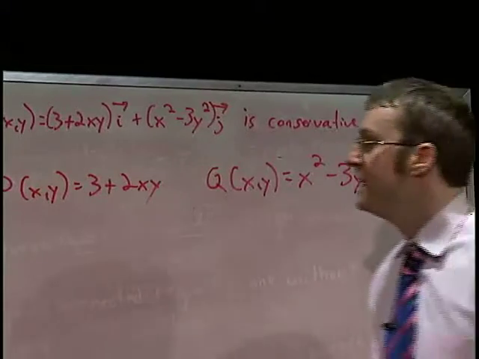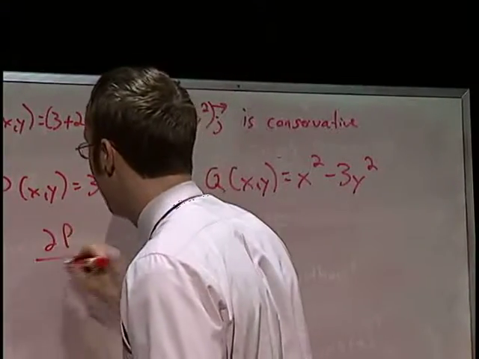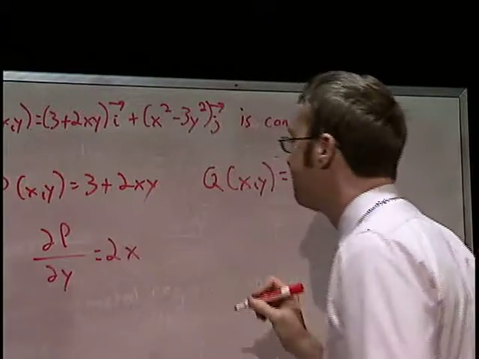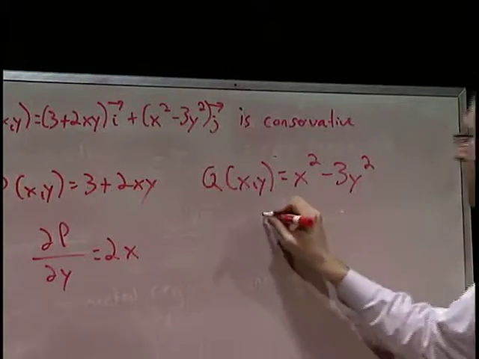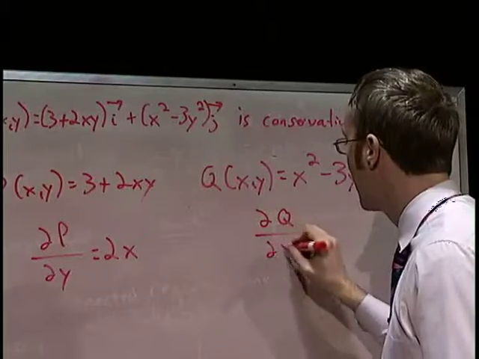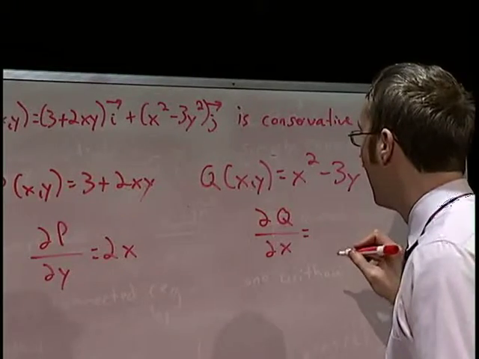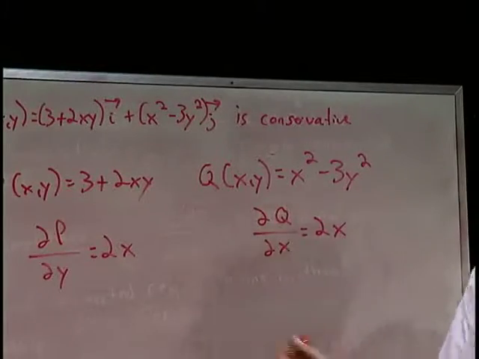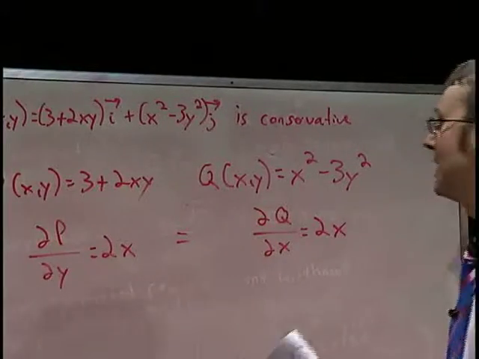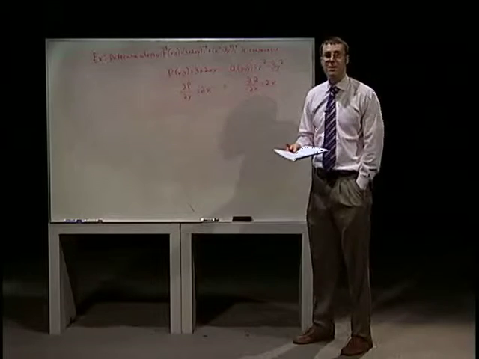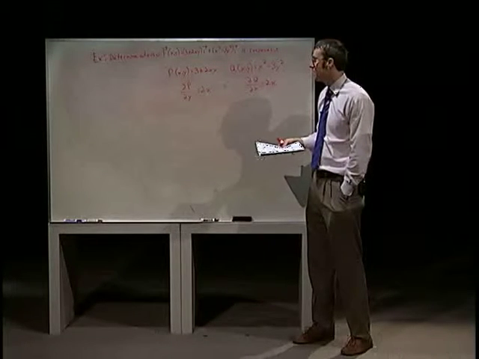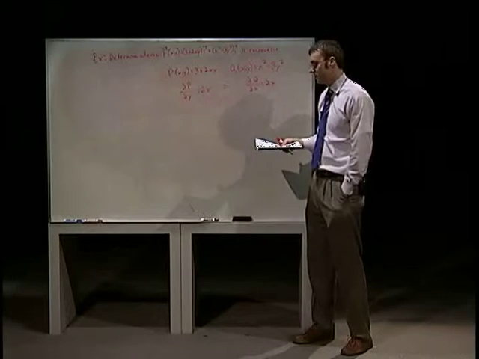Okay. So now we're going to check partial p partial y. That gives me 2x. And partial q partial x also gives me 2x, right? And so, in fact, these are equal for every point in the plane. So any point in the plane that you give me, the partials will be equal at that point, right?